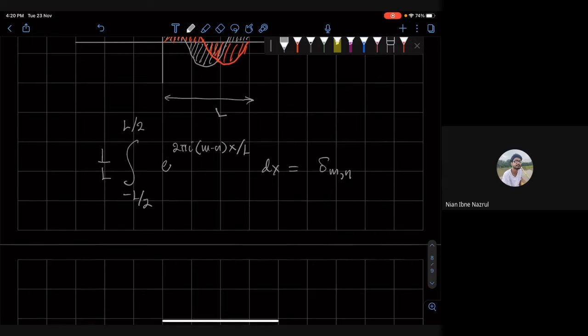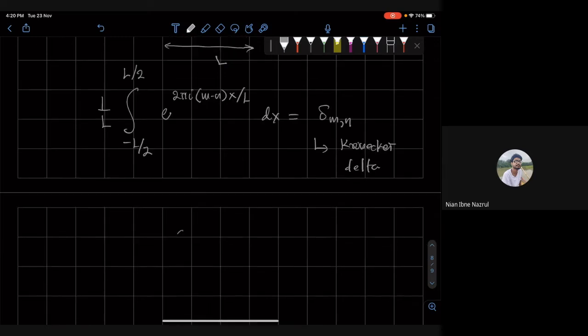Okay? So this is where delta mn is the Kronecker delta. The Kronecker delta is defined to have 2 indices. They're integers, and it's 1 if m is equal to n, 0 otherwise.